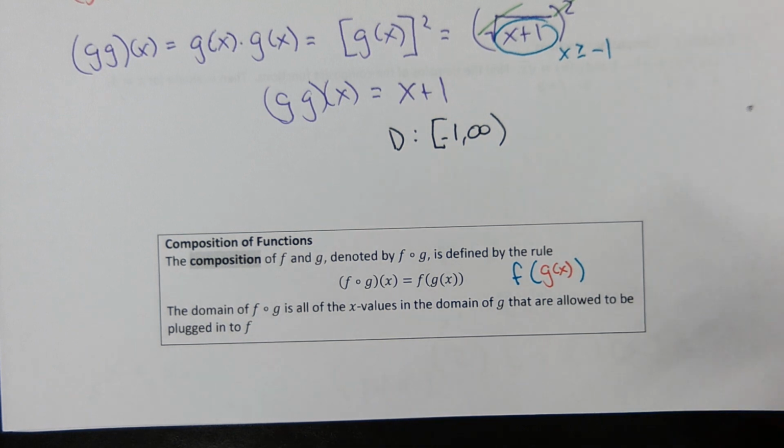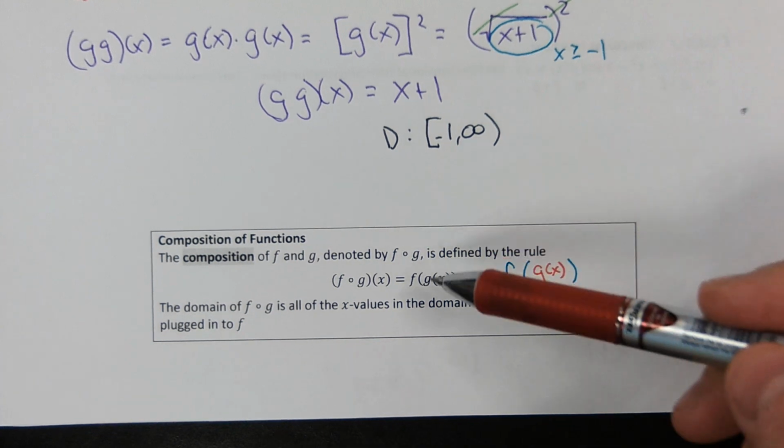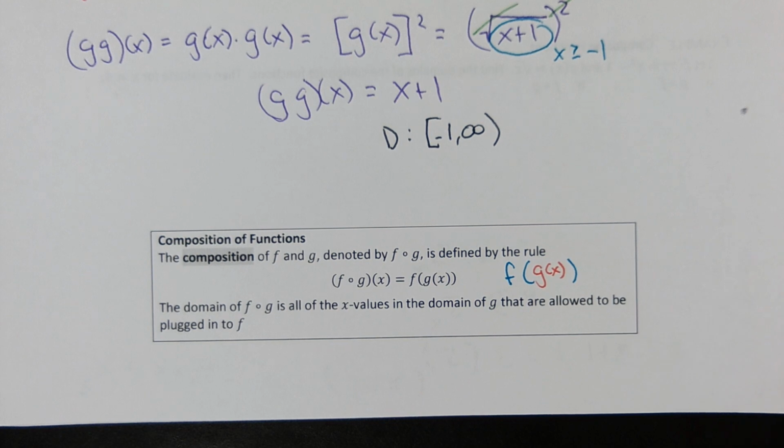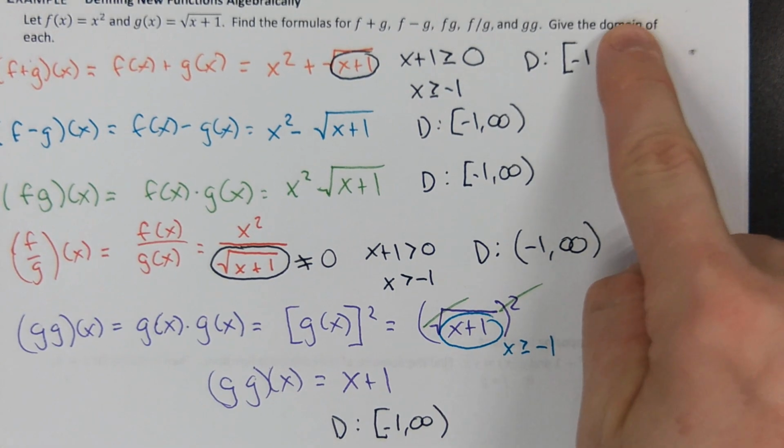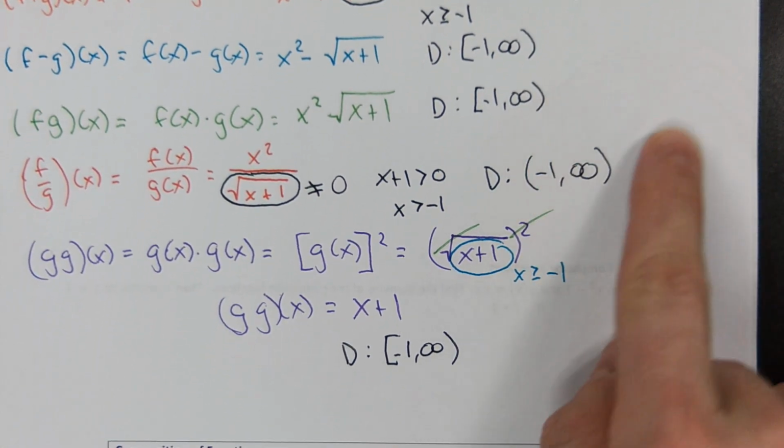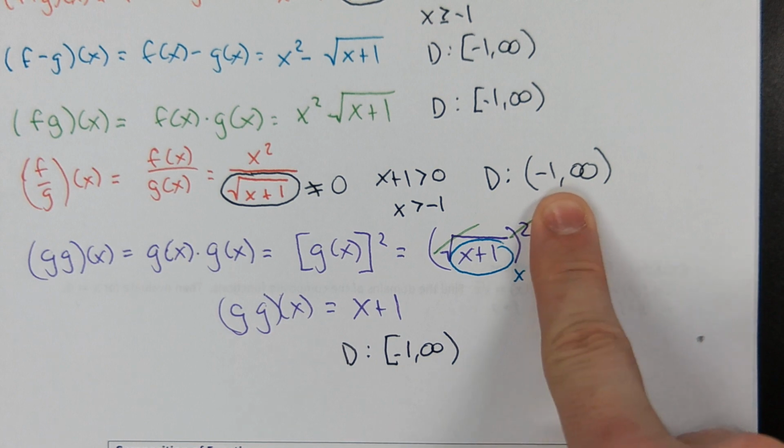But now that we've talked about arithmetic of functions and compositions, I can make one generalized rule about domains. When creating a new function from other functions, your domain can never get larger than what the originals allowed. They can stay the same as the originals, or they can become even more restrictive.